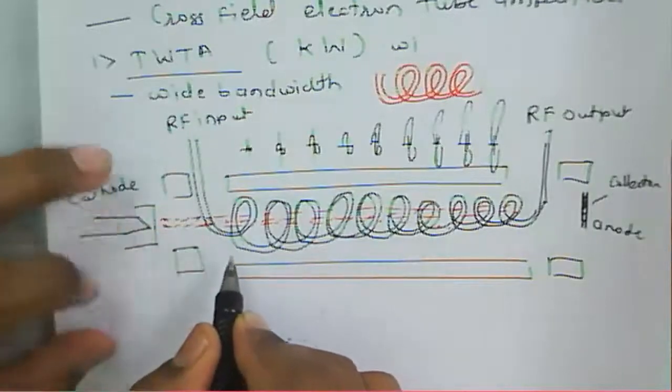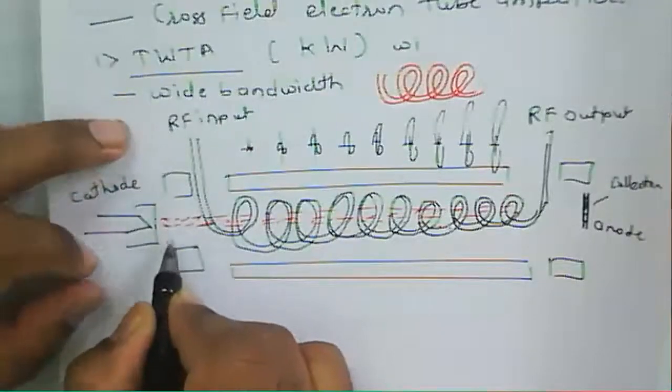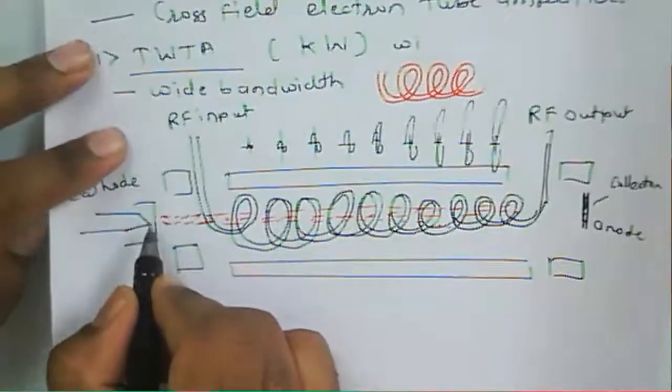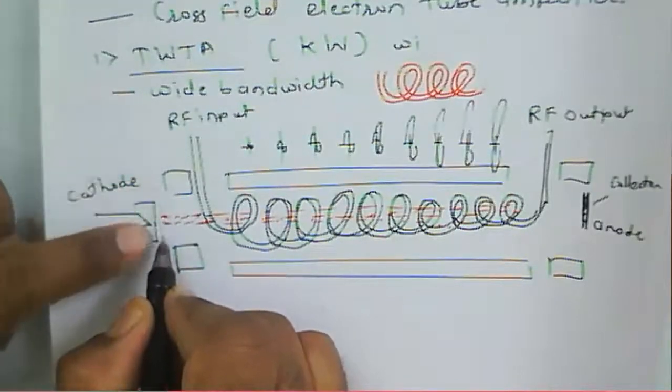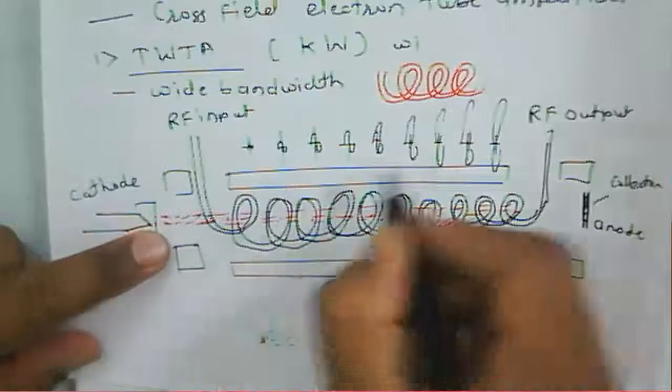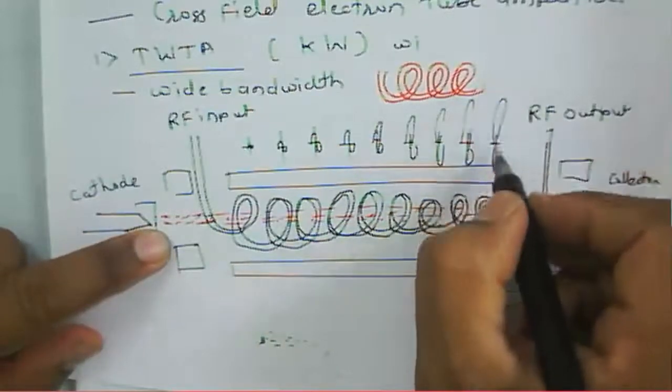Now, the electron beam is generated from this cathode, and that determines the amplitude here.